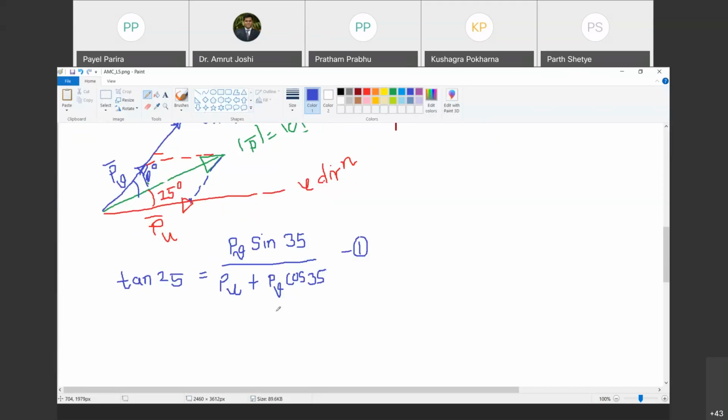Are you with me? So how do we do it? This denominator goes on this side. So how much is tan 25? Tell me, Payal. How much is tan 25?